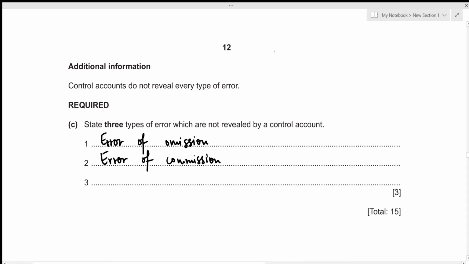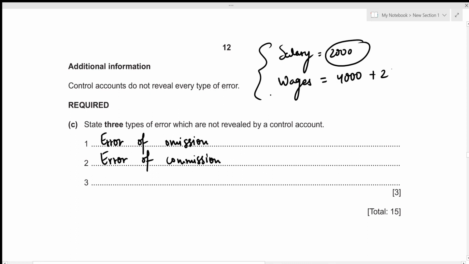So if we have a salary expense of 2,000 and we have our wages of 4,000, and these two should be recorded in the income statement, right? But if we are to record this 2,000 under the heading of wages, then that gives the wages total of 6,000. This is an error, but this does not give any wrong profit, right? Because the treatment is the same. The salary is also deducted and the wages is also deducted. So this kind of error falls under the error of commission.